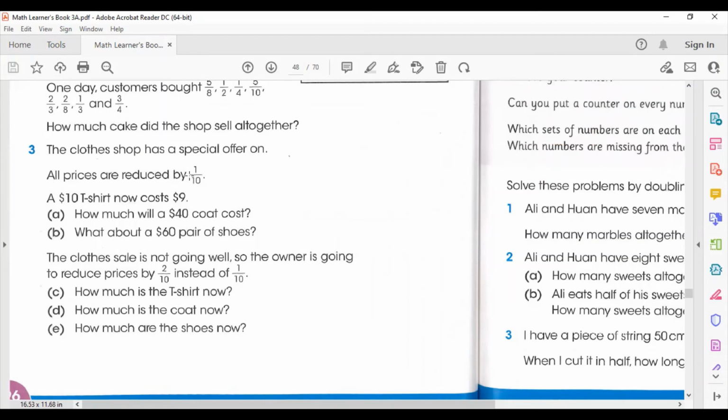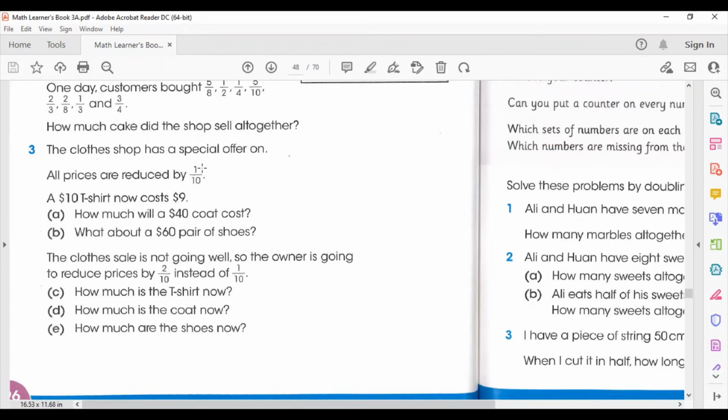All prices are reduced by 1 by 10. So a $10 t-shirt now costs $9. Yes, 1 by 10 discount means 10%, which means $1 out of 10, $1 free. Okay, $1 free.